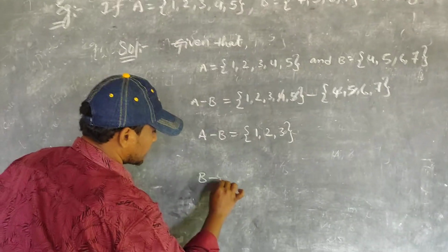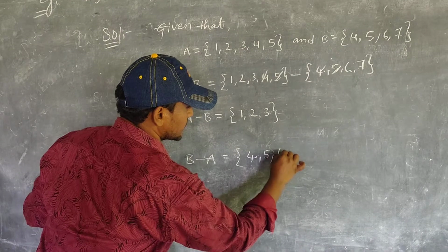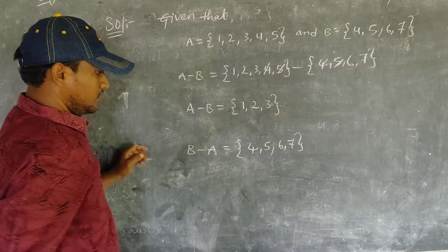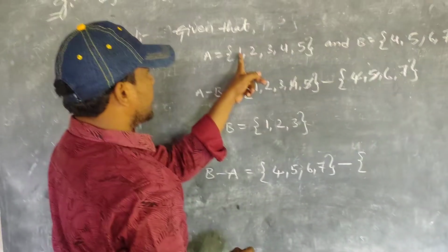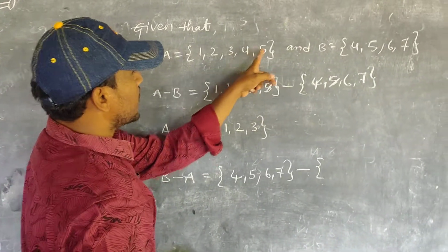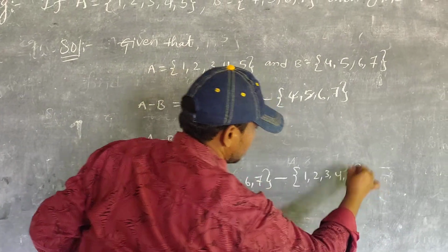Then find out the next one, B minus A. B minus A is equal to set B {4, 5, 6, 7} minus set A. What is set A? {1, 2, 3, 4, 5}.